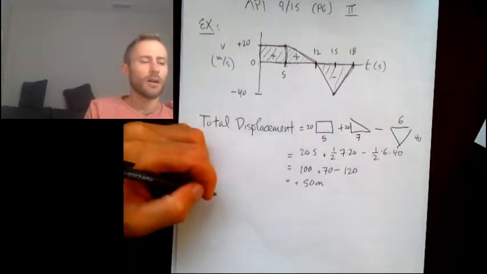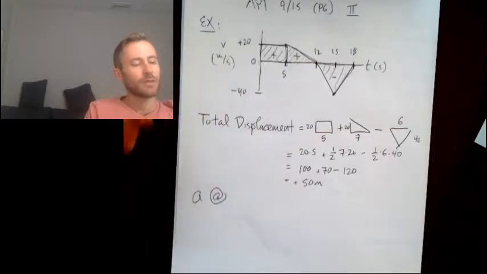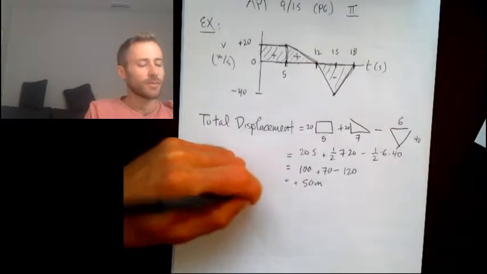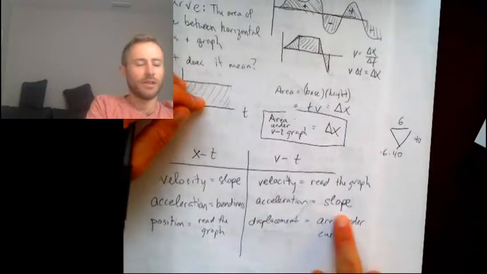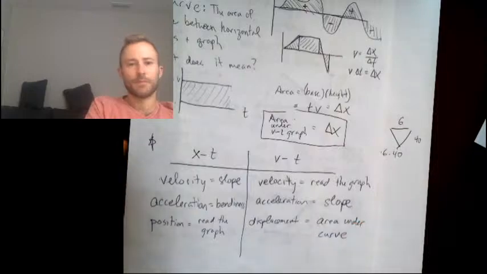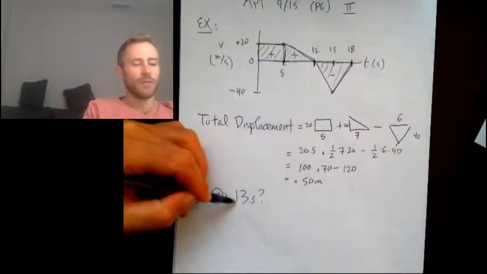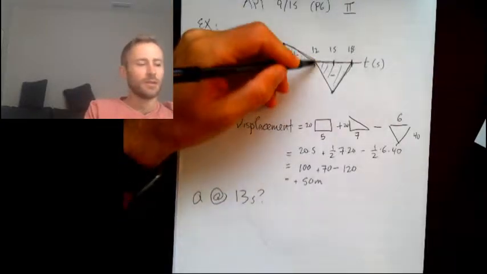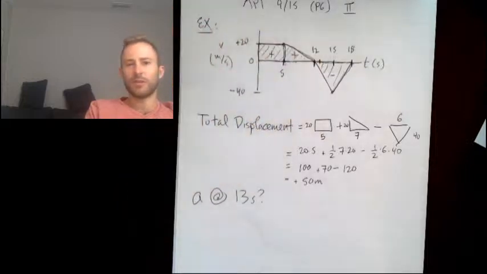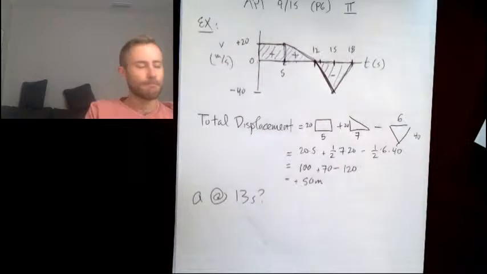What if I asked you, what is the acceleration at 13 seconds? So acceleration, if I have a velocity time graph, acceleration is slope. So I want the slope at 13 seconds. 13 seconds is between 12 and 15, so 13 seconds is about right there. So I'm asking for what is the slope of this segment right here.